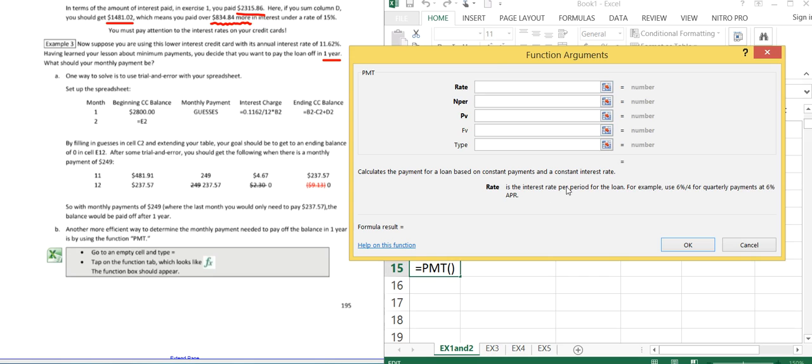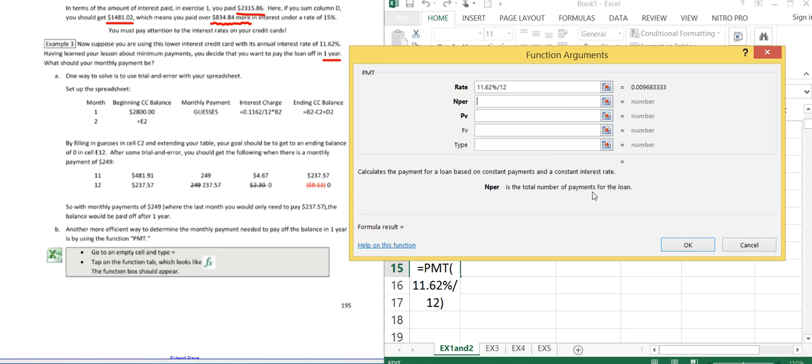Rate: interest rate per period. Here's my reminder: I need to divide by whatever types of payments. Everything I do in the loans is going to be based on monthly payments. So our rate here is going to be the 11.62%, or type in 0.1162 yourself, but divided by 12, that's key. All of our loans are going to be divided by 12.